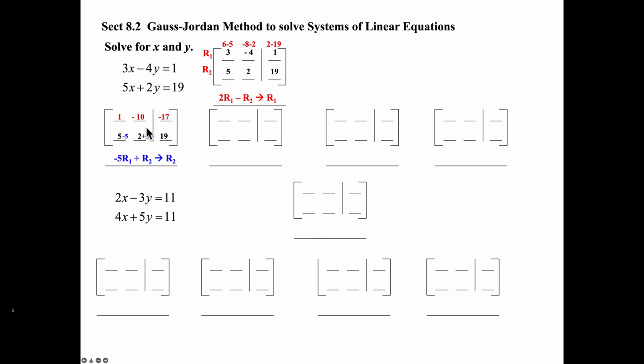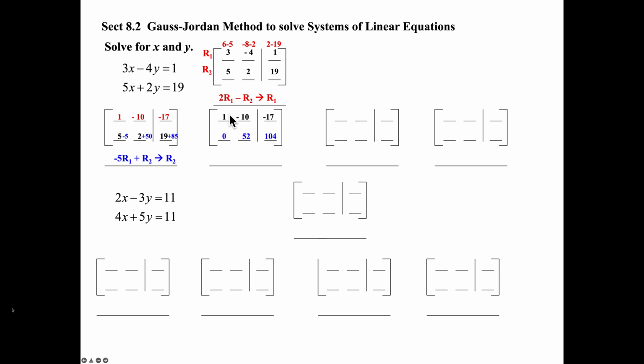Negative 5 times negative 17. Okay, we may have to punch that into our calculator. That's going to be a positive 85. Add it to the 19 in row 2 to make our brand new row 2. Once you see this arrow or an equal sign, this is the new row 2. So crunch the numbers. 0, 52, and let's see, 104.